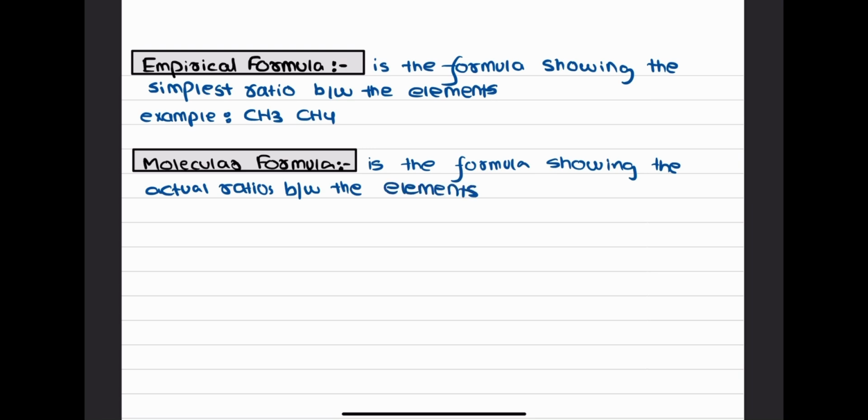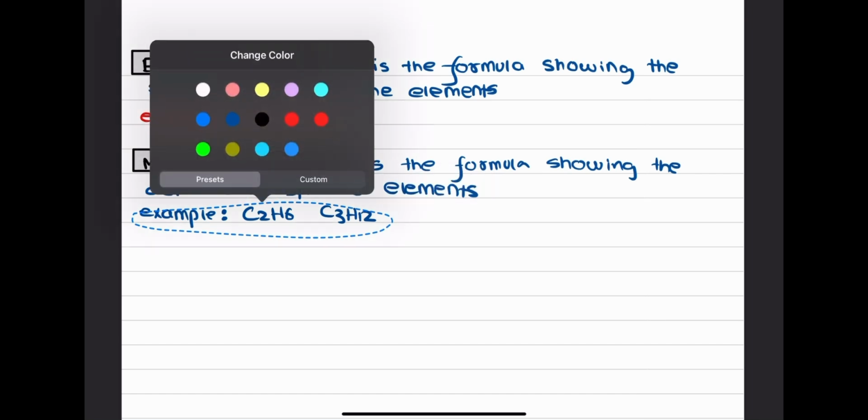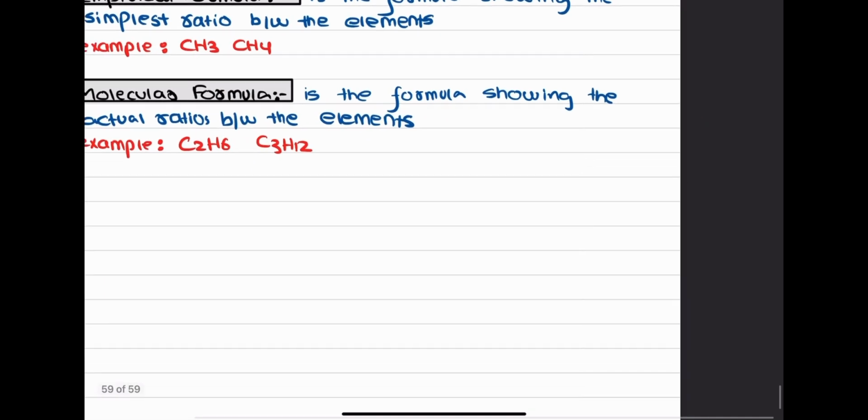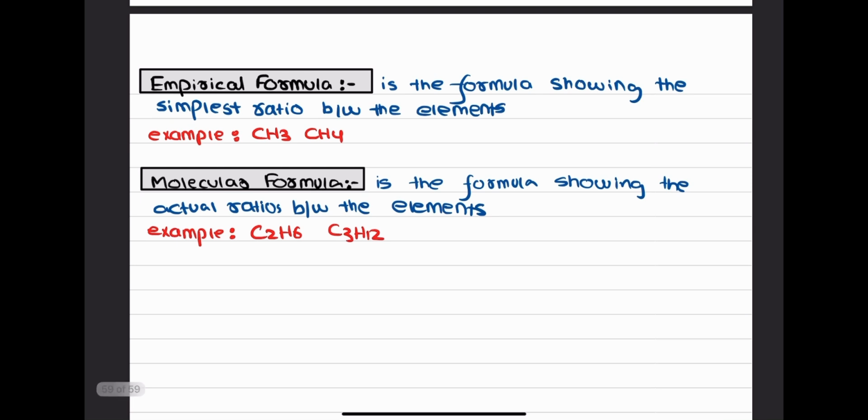Now, just like this CH3 and CH4, if we write an example of it, C2H6 and C3H12, okay? I will make it a different color. So if you take their ratio, which is 2:1, 2:3, 3:1, 3:4, it becomes CH3 and CH4.